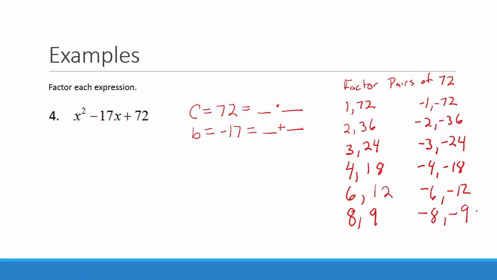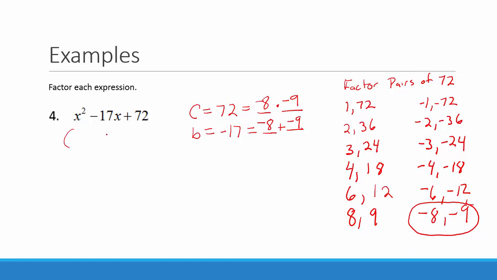We need to find the factor pair of 72 that adds to give us negative 17. That would be negative 8 times negative 9. So we get negative 8 times negative 9 equals 72, and negative 8 plus negative 9 equals negative 17.